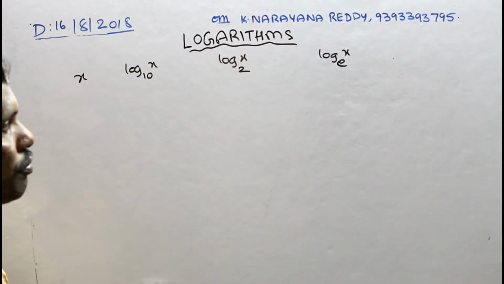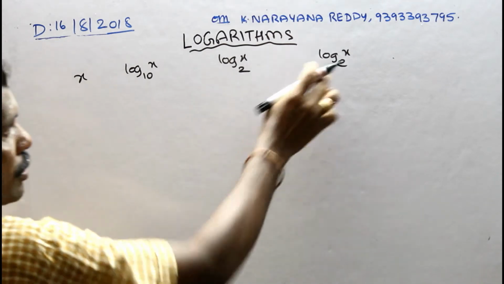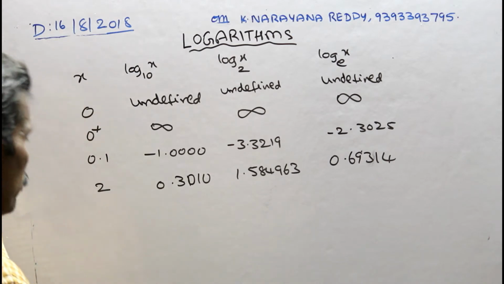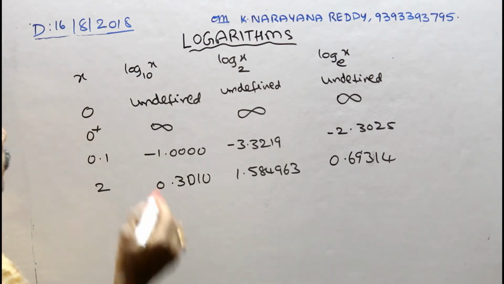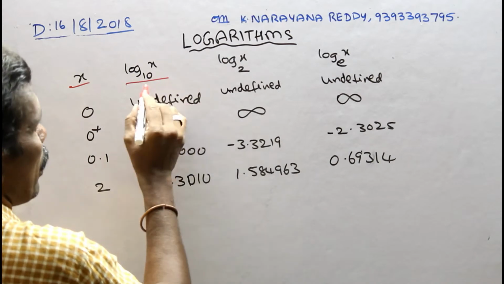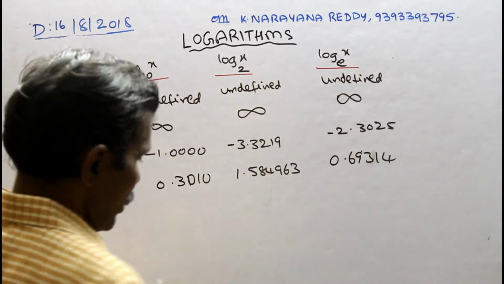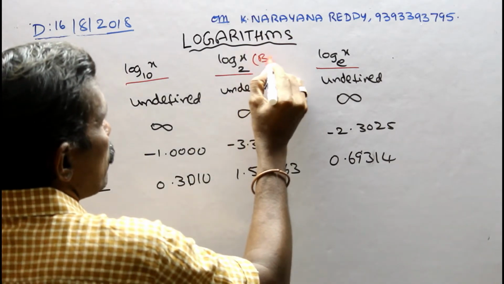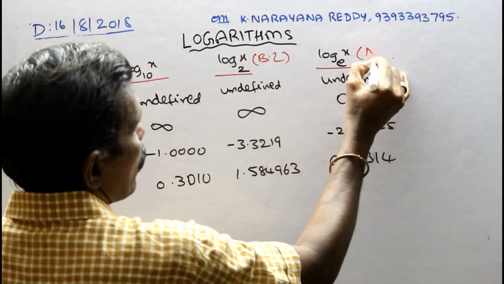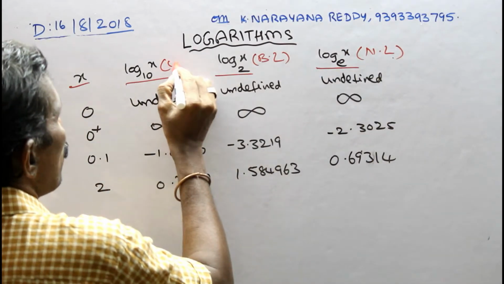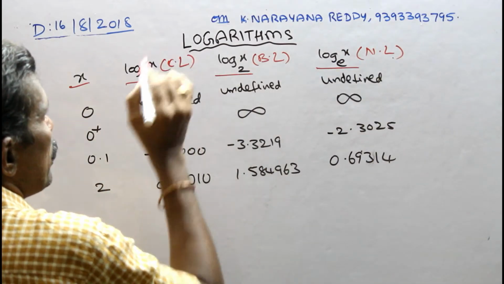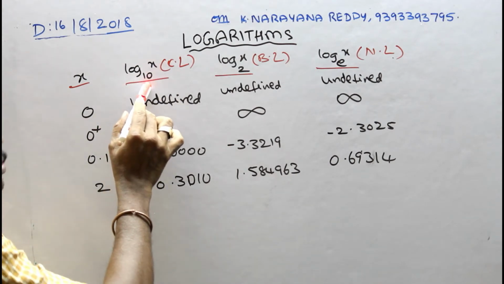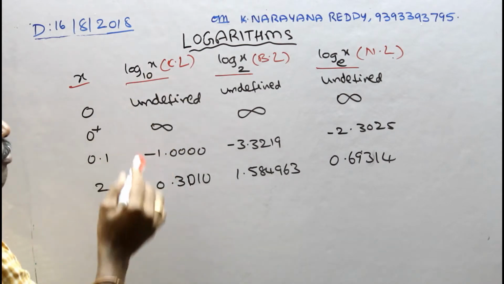This is common logarithm, this is binary, this is natural logarithm or Napier's logarithm. This is binary logarithm BL, this is natural logarithm NL, this is common logarithm CL. Remember this.